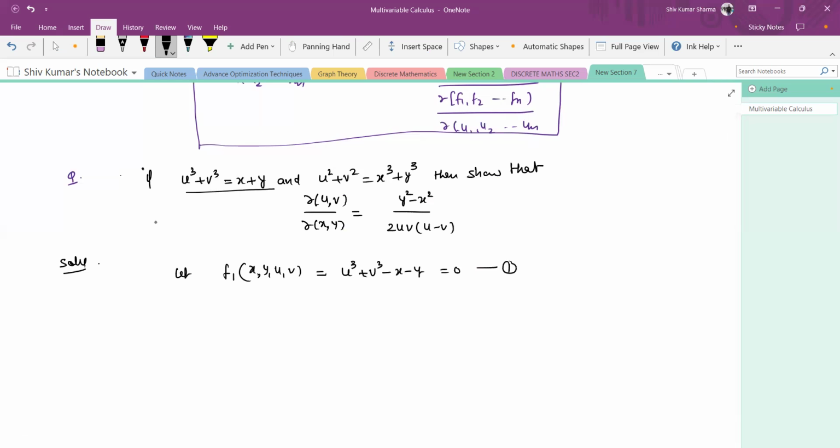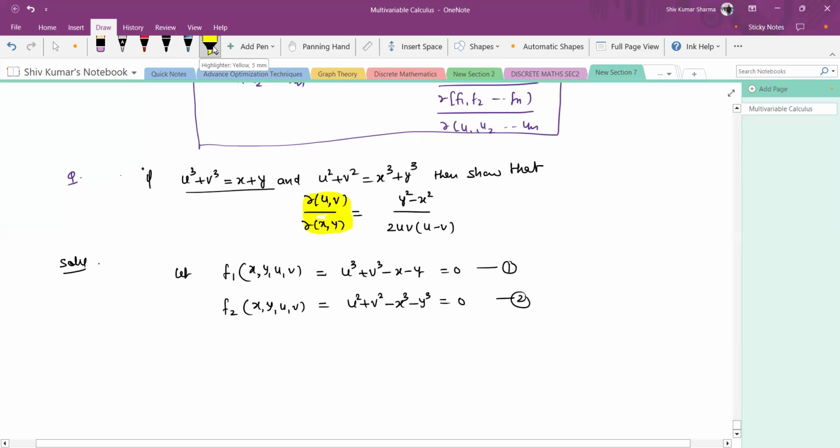And the second function, also of x, y, u, v, is u square plus v square minus x cube minus y cube equal to 0. So when we are going to solve del(u,v) upon del(x,y), we can see that x, y work as independent variables. Okay, so we calculate del(u,v) upon del(x,y).